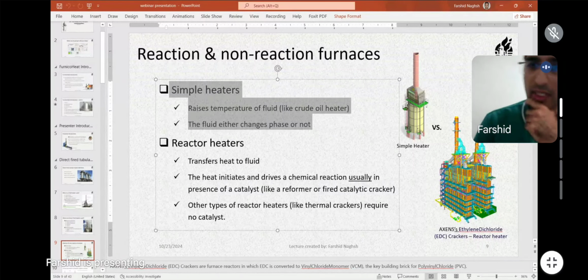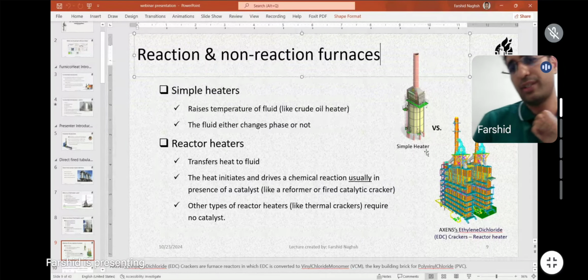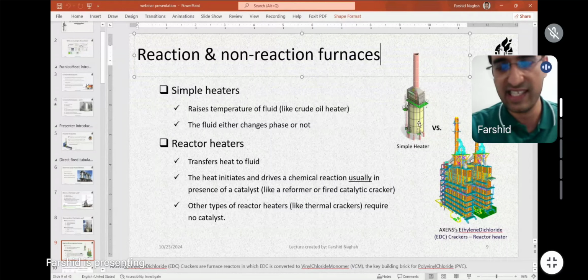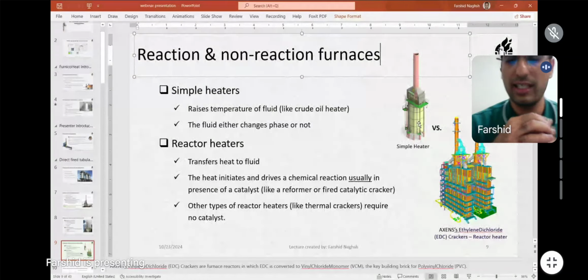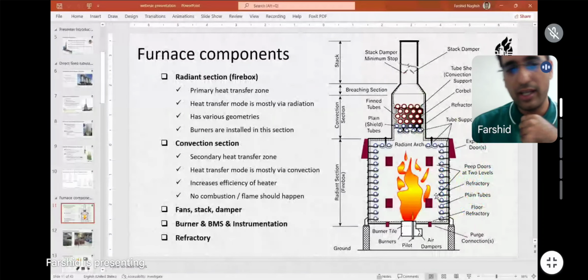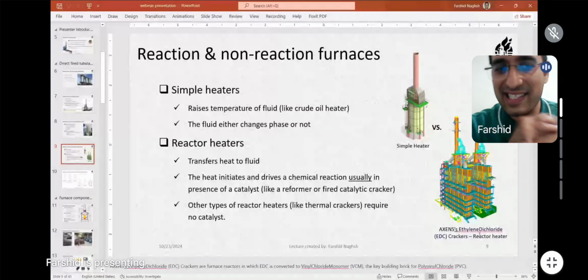You see here two pictures of a simple heater, which I said is vertical cylindrical. As an abbreviation, it is known as VC, vertical cylindrical heater. And the other one is an Axens EDC, ethylene dichloride cracker.